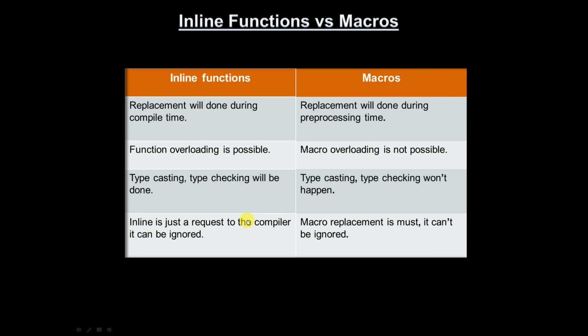It might be ignored based on the conditions. Macro replacement is a must. It cannot be ignored. Once you have given the macro, it will be replaced. Macros are handled at preprocessing time and inline functions at compile time.